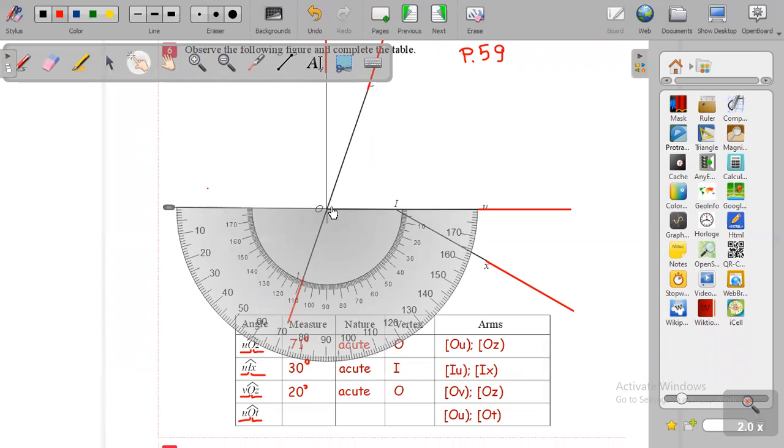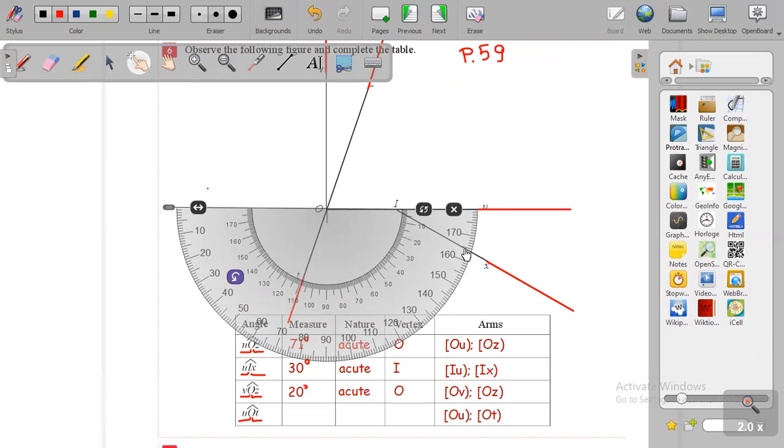We put the protractor on OU. So we start measuring from this side because the arm is OU. So we start from the right, because we put the protractor on OU and OU is from the right.